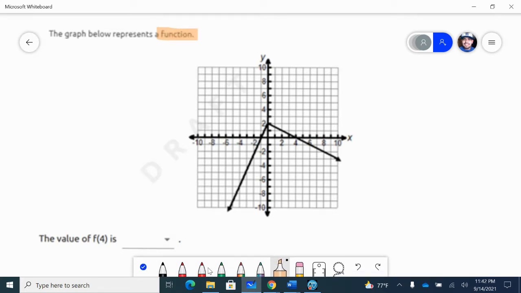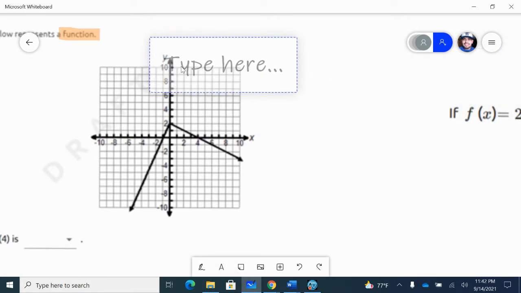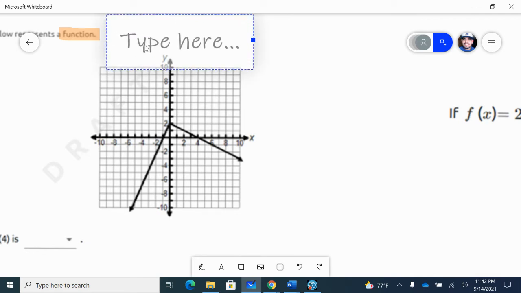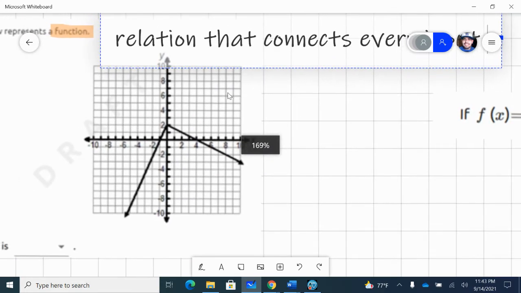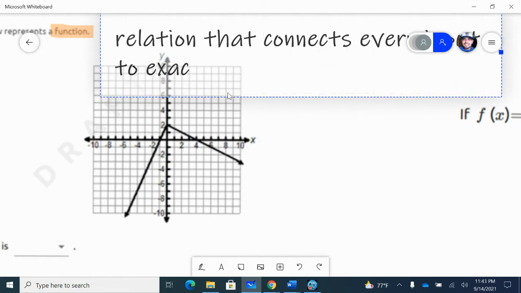So make sure that you're writing down everything I write on my piece of paper, please. A function is a relation that maps, or that you can write connects, every input to exactly one output.